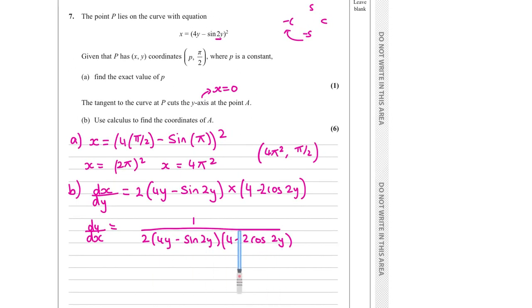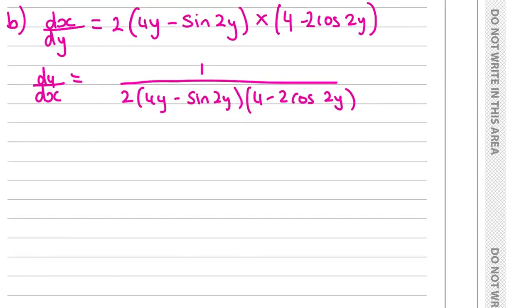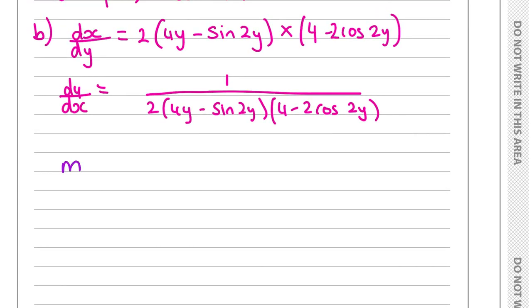I'm so used to substituting x that I substituted in 4 pi squared, and I got some really random thing. And then I realised these have y's. So of course I need to substitute in my pi over 2. So my gradient of my tangent is 1 over 2 lots of 4 lots of pi over 2.